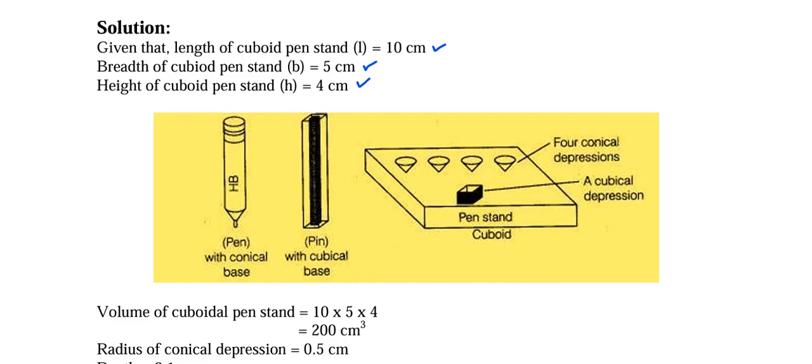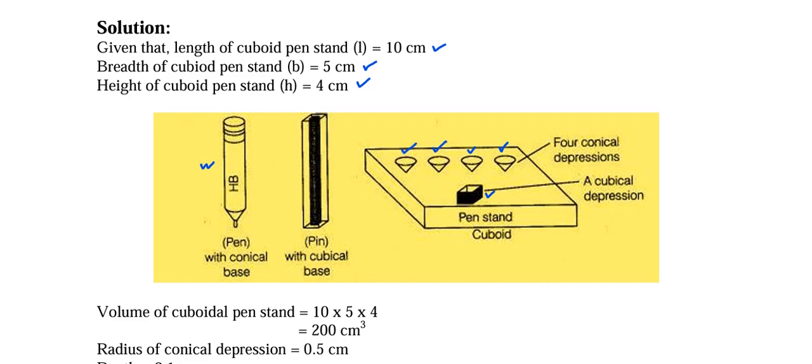This is the figure of the pen stand with conical depressions and a cubical depression. So this is the pen stand, the cubical depression, and 4 conical depressions: 1, 2, 3 and this is the 4.